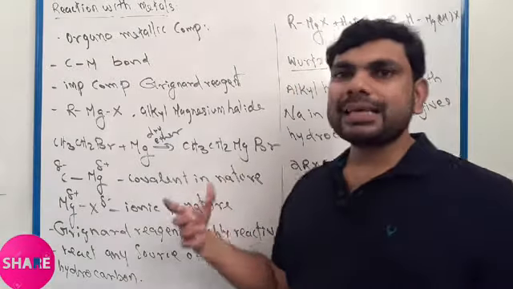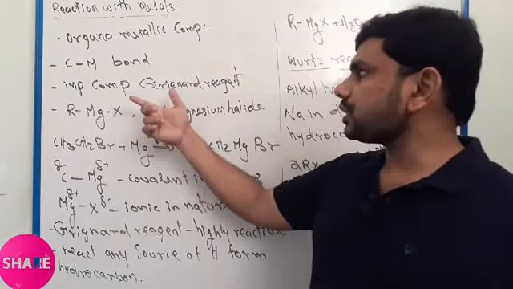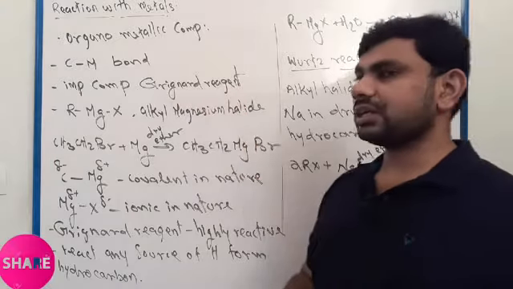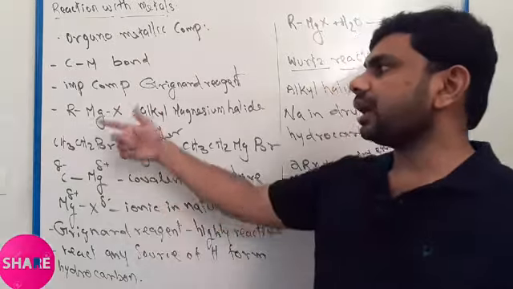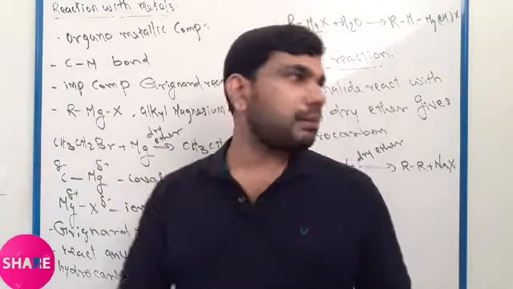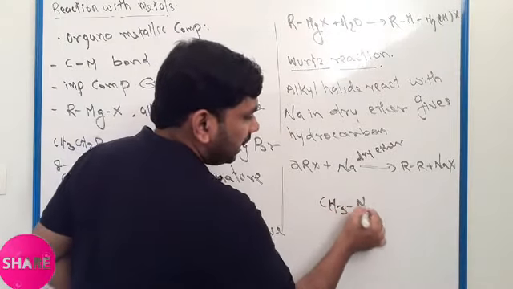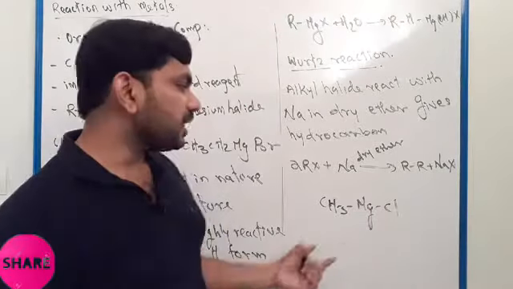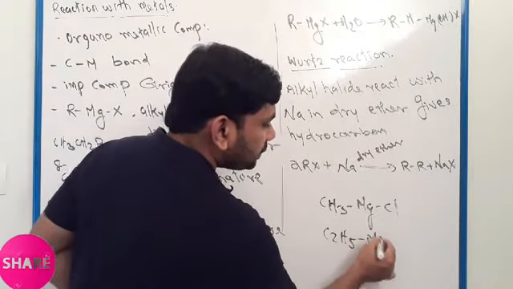An important example of an organometallic compound is Grignard reagent. Grignard reagent means RMgX. An example for RMgX is CH3MgCl, or you can say C2H5MgBr.